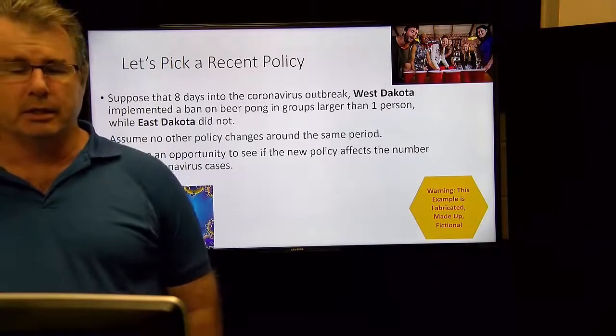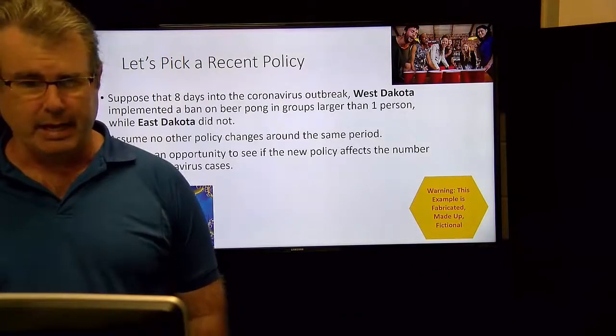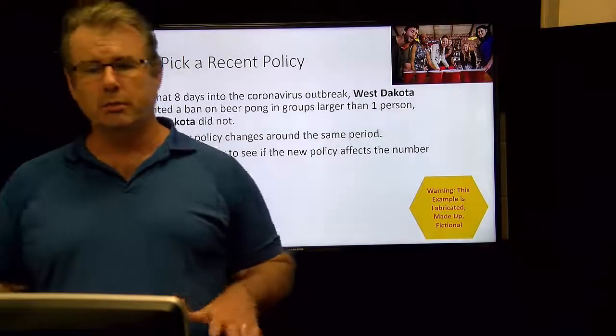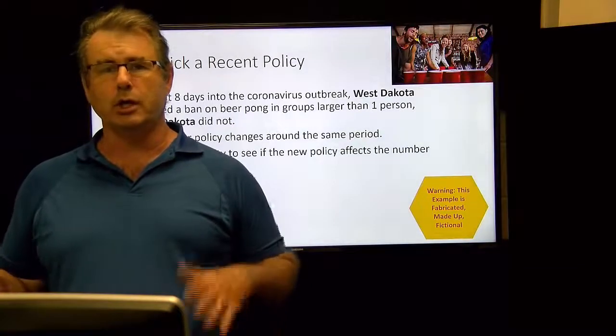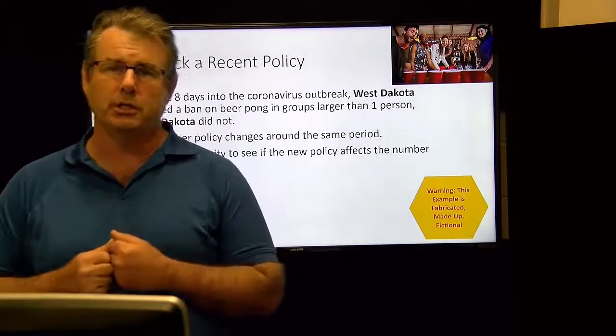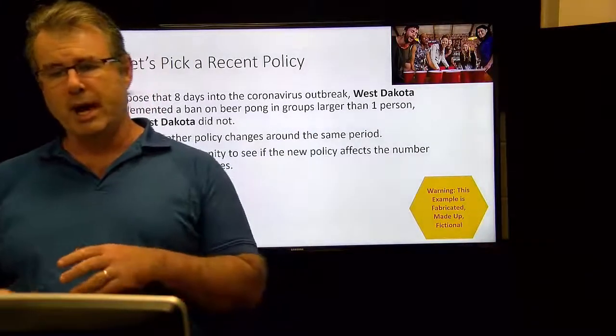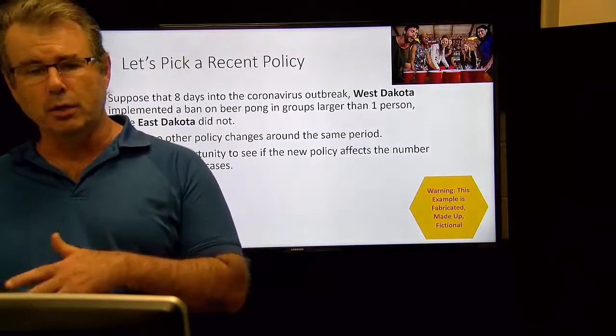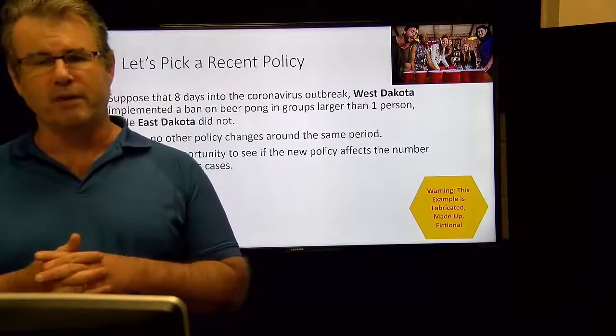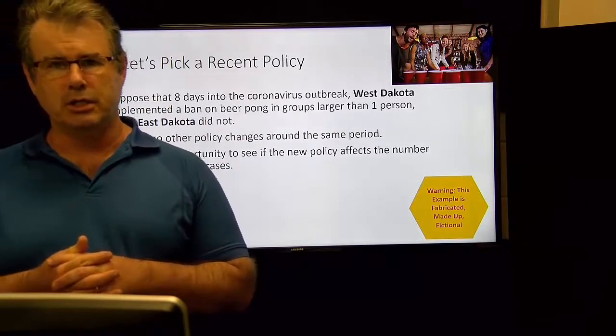In East Dakota, they did not implement the same ban. And we're going to assume that no other major policy changes occur around that same period. That way we have the opportunity to see how this new policy will affect the new numbers of coronavirus cases in each of those states.